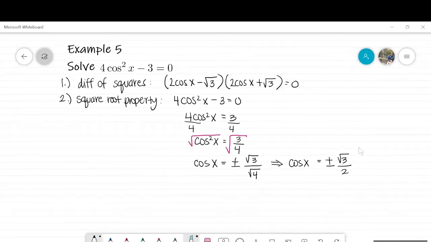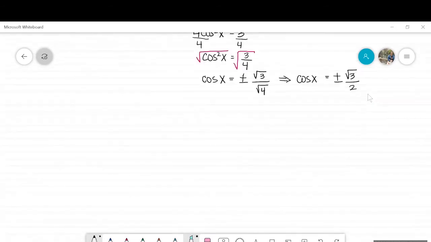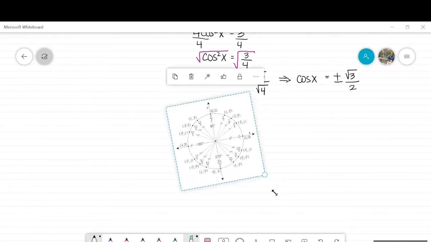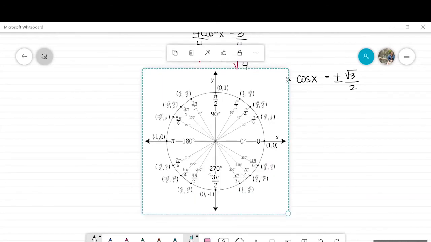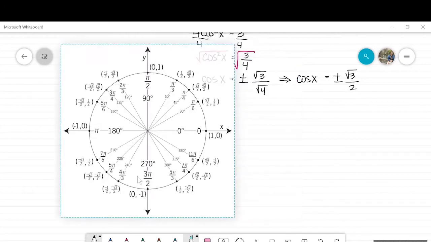So this is really the equation that we're looking at now. This is really the equation that we're looking at here. So if I bring back our unit circle, let's put it on this left side this time, okay?